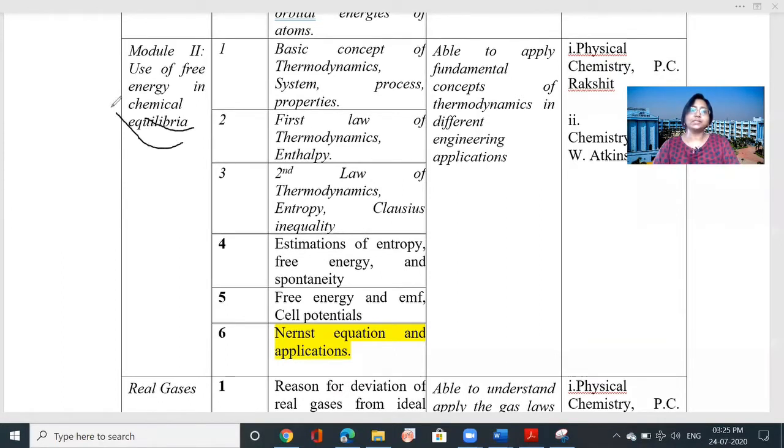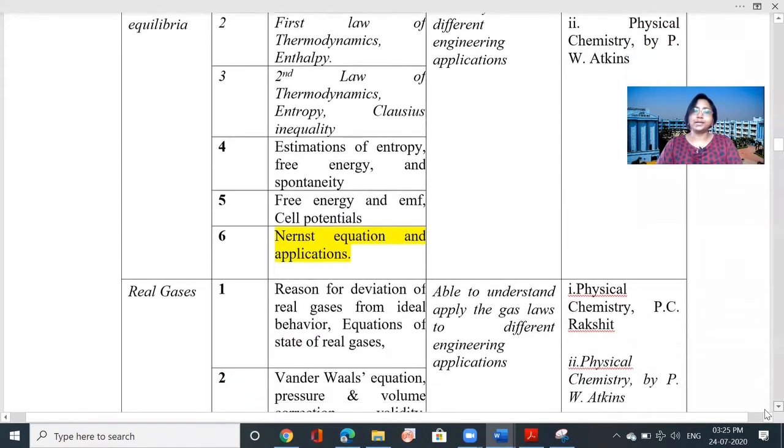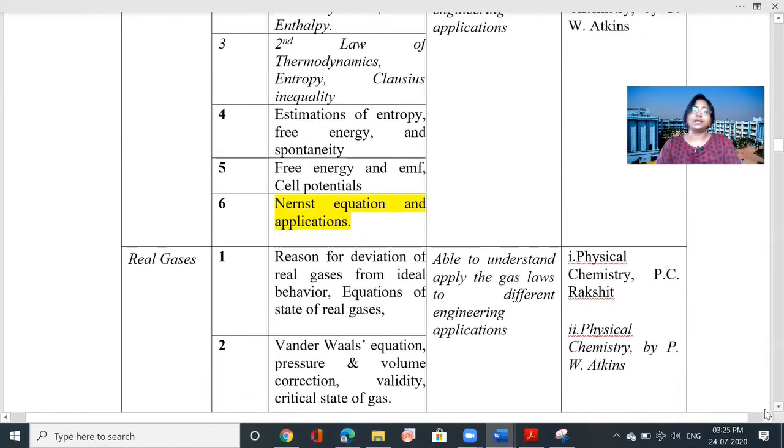We have already covered the 5th lecture, and the 6th lecture is more related to the 5th lecture, where we discussed the cell, electrolytic cell, electrochemical cell, and the cell EMF, cell potential, etc. This knowledge is required to understand the Nernst equation and its application.